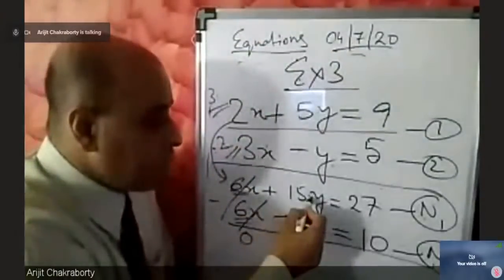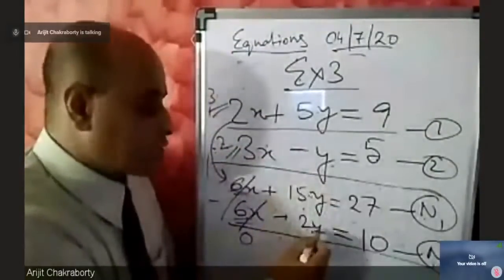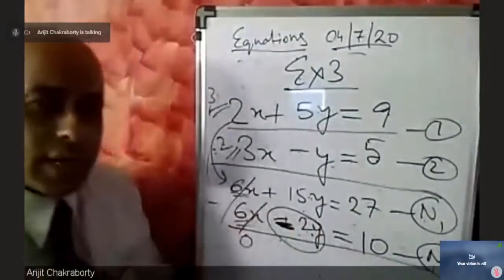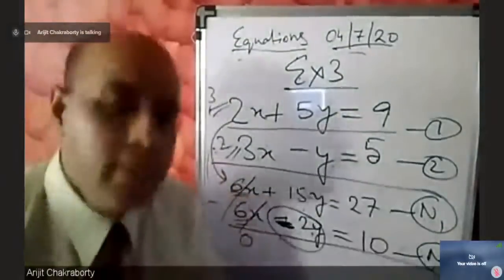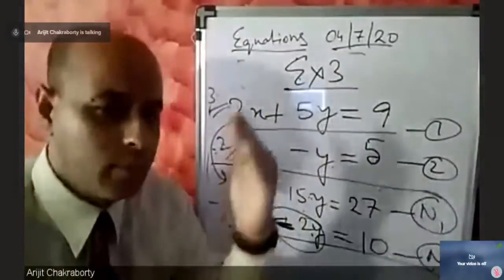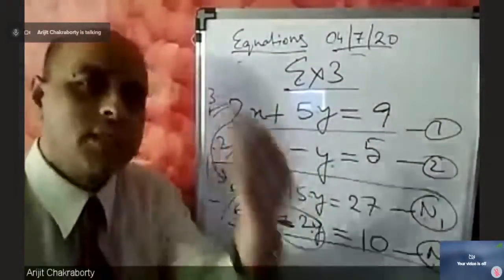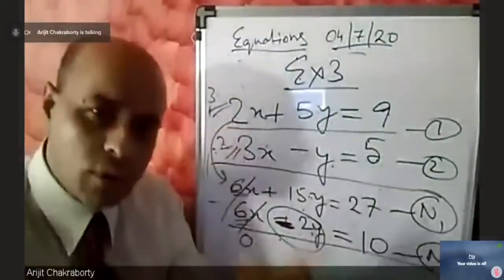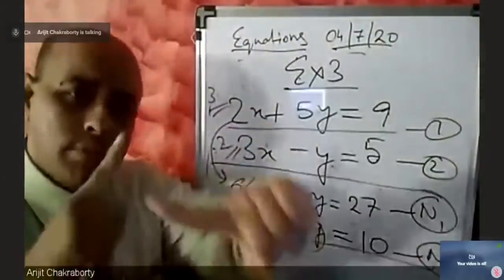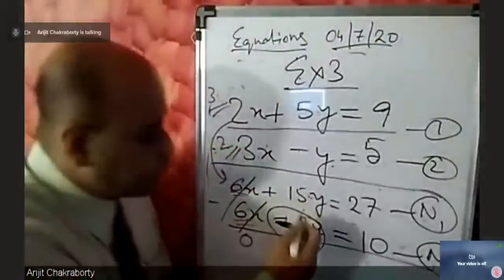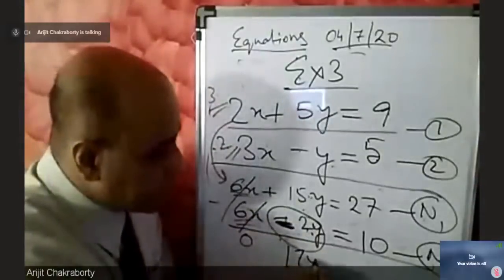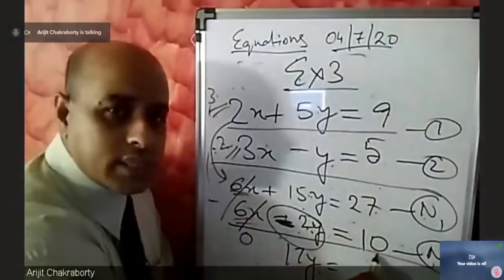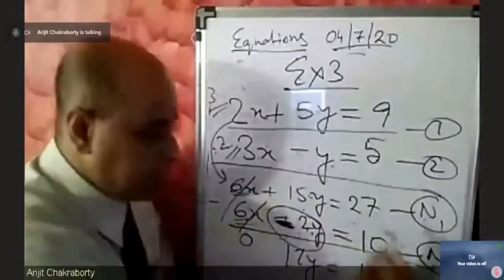And 15y minus of minus 2y. Please note that we have a negative sign here. So 15 minus minus 2 gives us 15 plus 2, because we know minus and minus becomes plus. This becomes 17y. And on the right hand side we have 27 minus 10, which gives us 17.